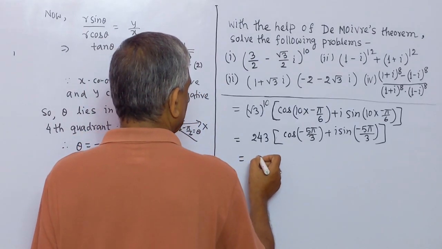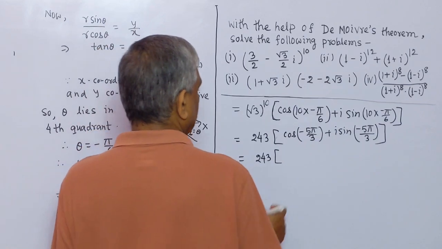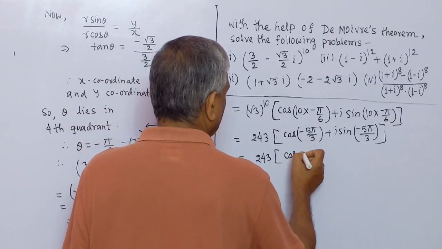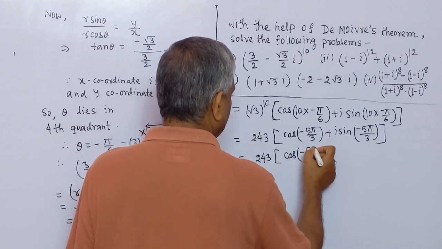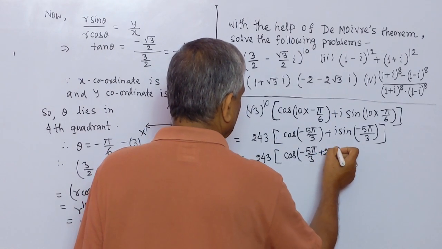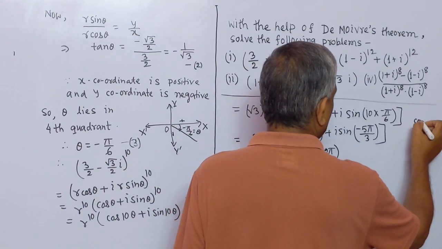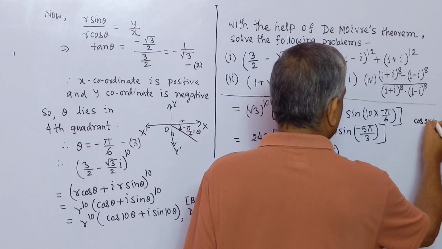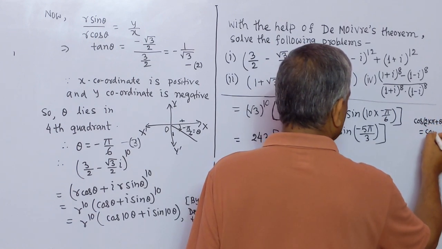This equals 243. If we add here plus 2 pi to minus 5 pi by 3, there will be no harm, because we know that cos of 2k pi plus theta equals cos theta.